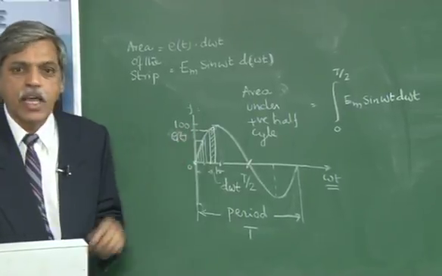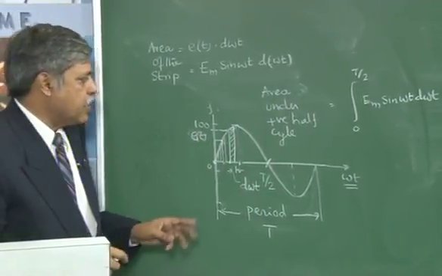Then when I divide this by the length of the half cycle, what is the length of the half cycle?